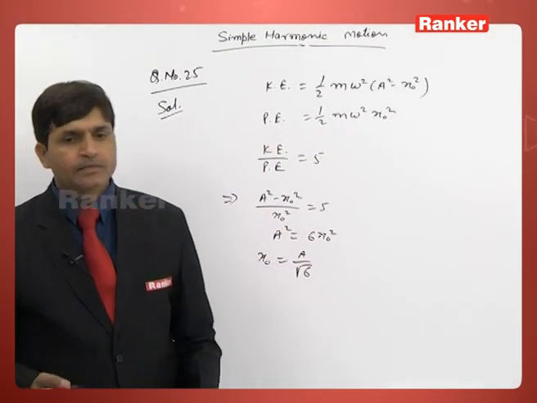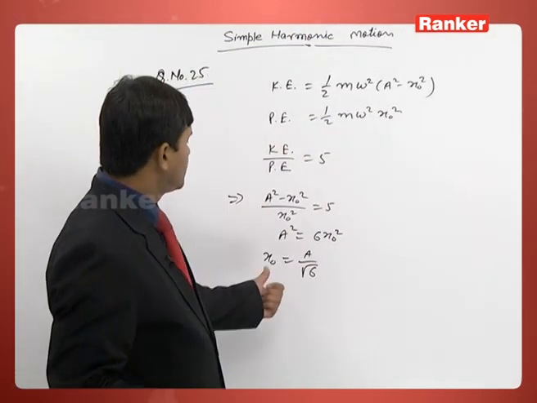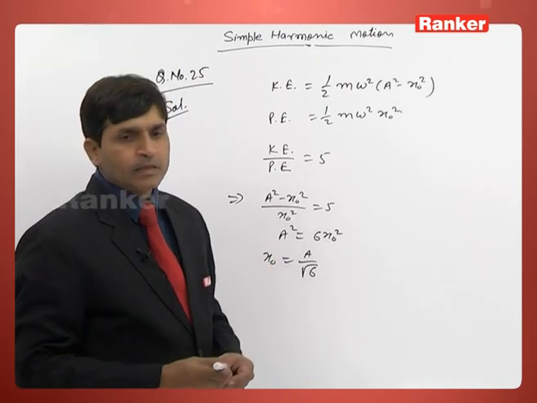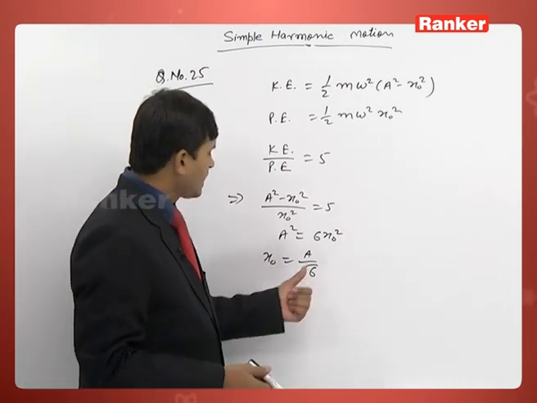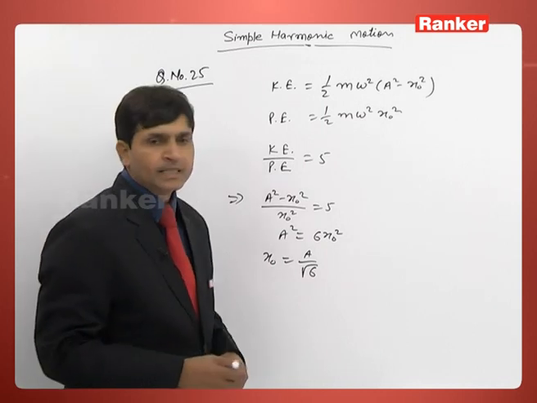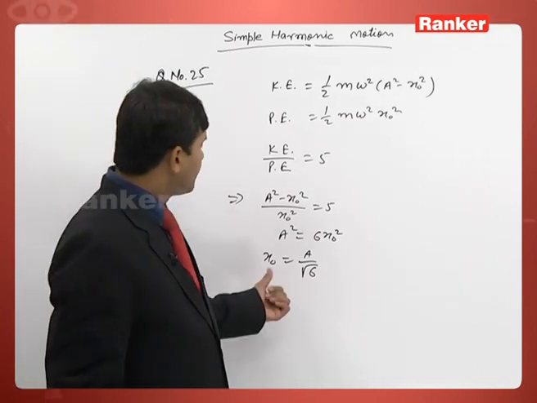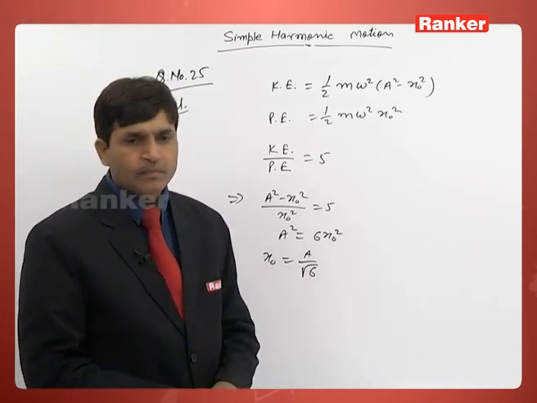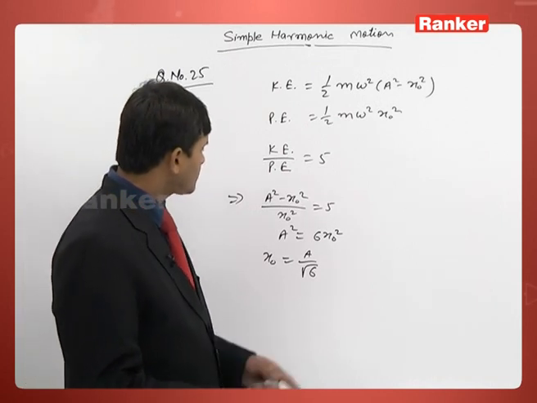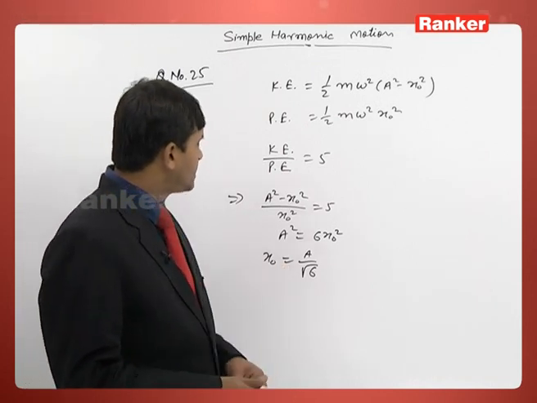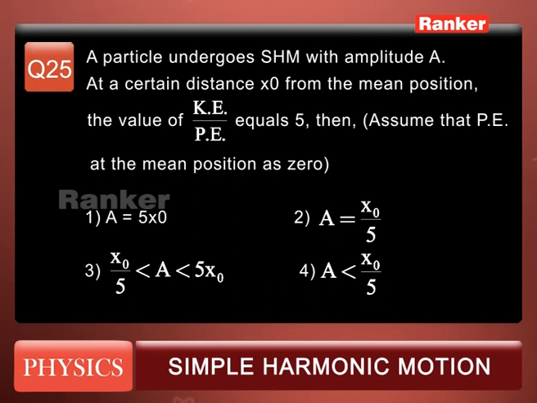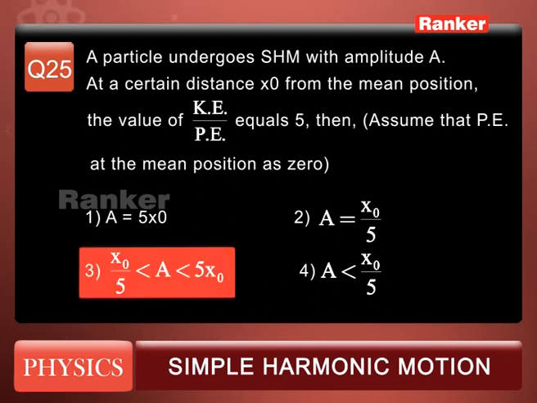This is the position of the particle right now. So we can say the position x naught and amplitude are related this way, and as per the given data, our option number 3 is the correct option.